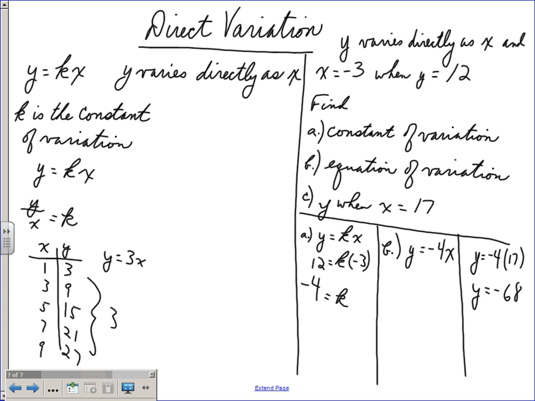Anybody think of a different way to do this problem? Use ratio? Absolutely. Ratio and proportion, you can do that. Because of the ratio of x to y is negative 3 over 12. I'm sorry, negative 3 over 12.